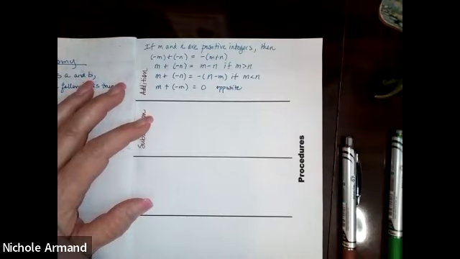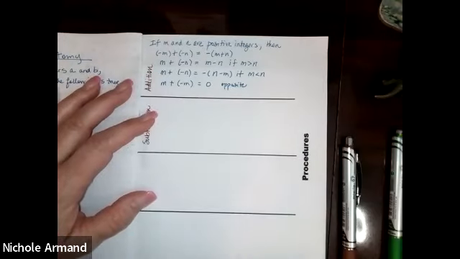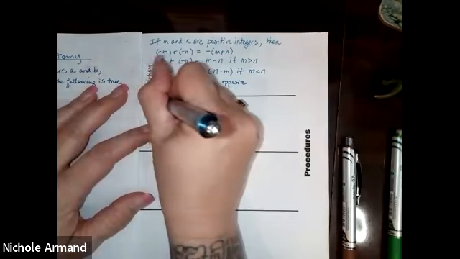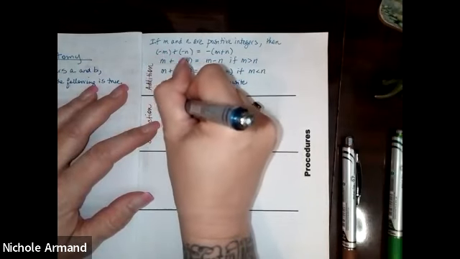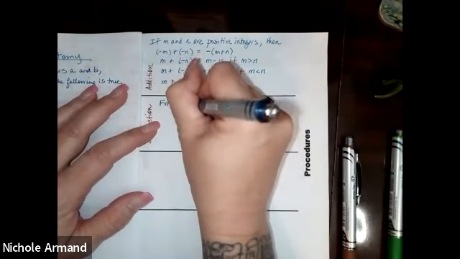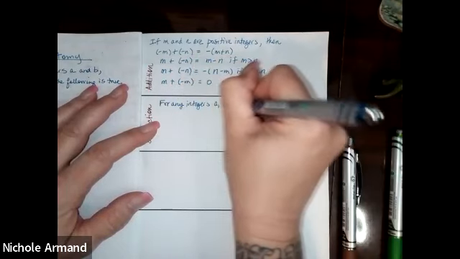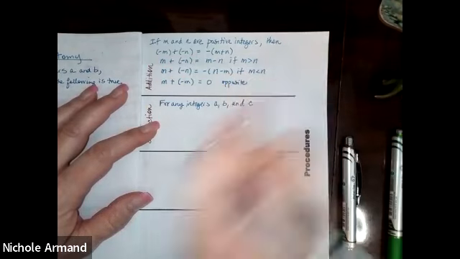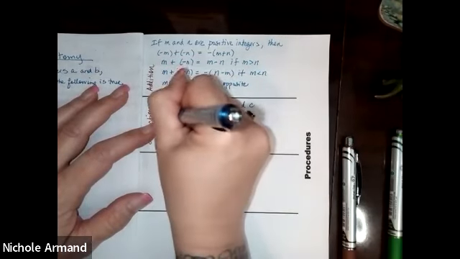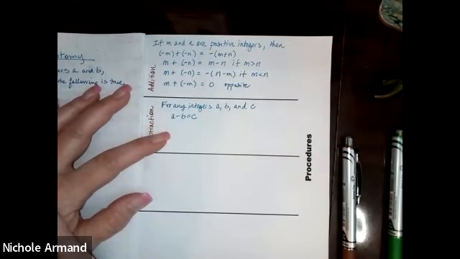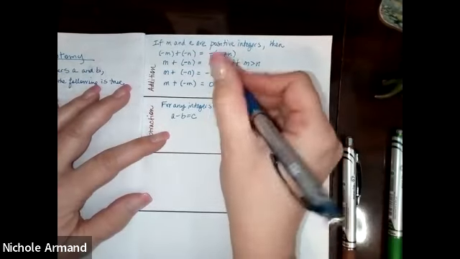Okay. For subtraction, we are going to write it as the inverse of addition. So for any integers a, b, and c, a minus b equals c, and now I'm going to use an abbreviation. It's going to look like I'm misspelling the word if.